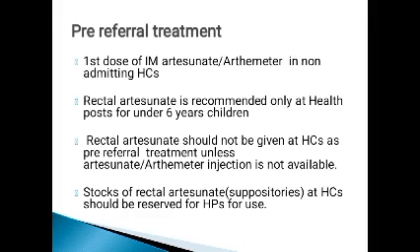Rectal artesunate should not be given at health centers as pre-referral treatment unless artesunate or artemether injection is not available. Stocks of rectal artesunate suppositories at health centers should be reserved for health posts.